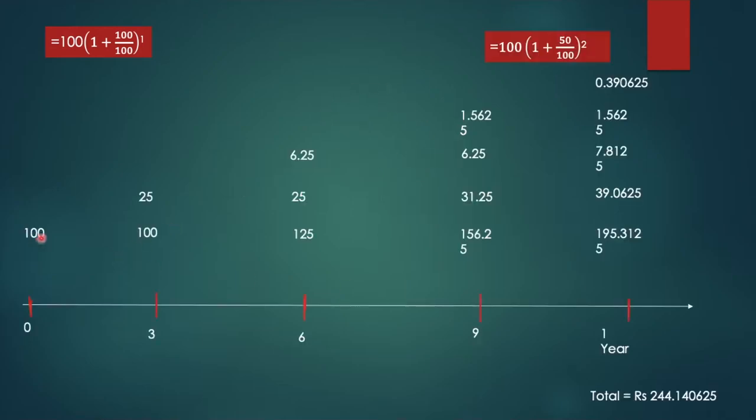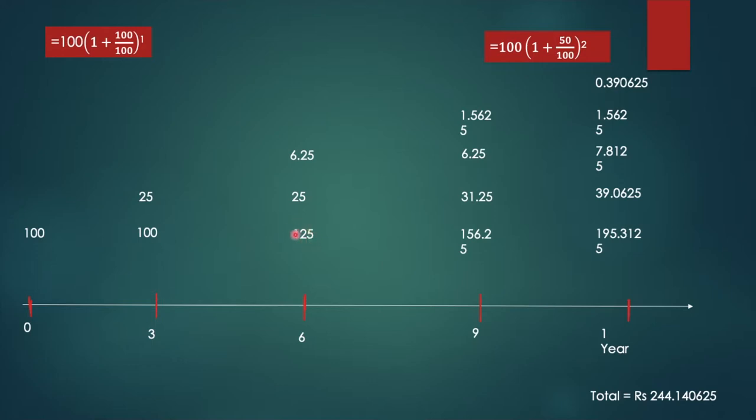So how does it work? The initial amount is 100. As you have divided the time into 4 equal parts, your interest rate is also divided into 25%, 25%, 25%, 25%. So in the first quarter, you will get back 25 rupees as your interest. So your total amount will be 125 in 3 months.